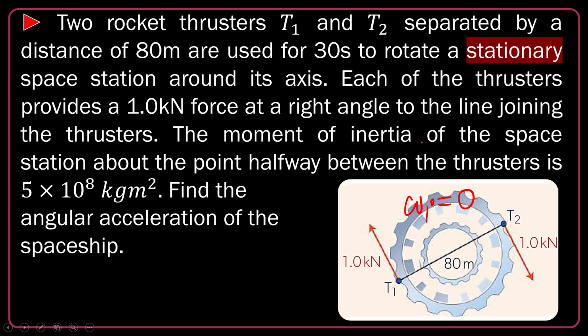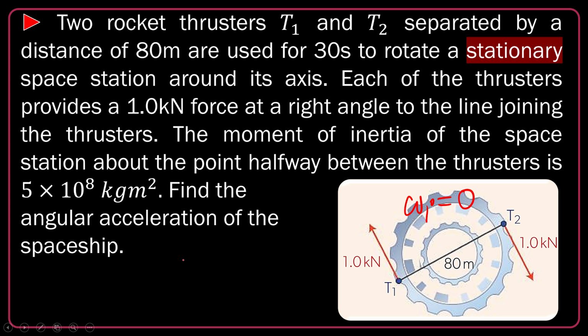The moment of inertia of the space station about the point halfway between the thrusters is 5 times 10 to the 8 kilogram meter squared. The moment of inertia is directly given, so we don't need any more calculation for that. Find the angular acceleration of the space station. What should we do?